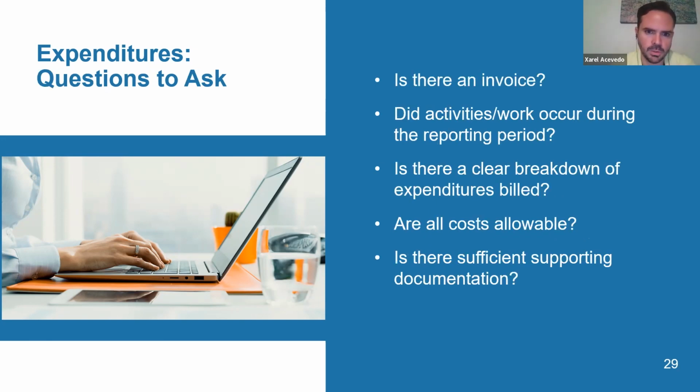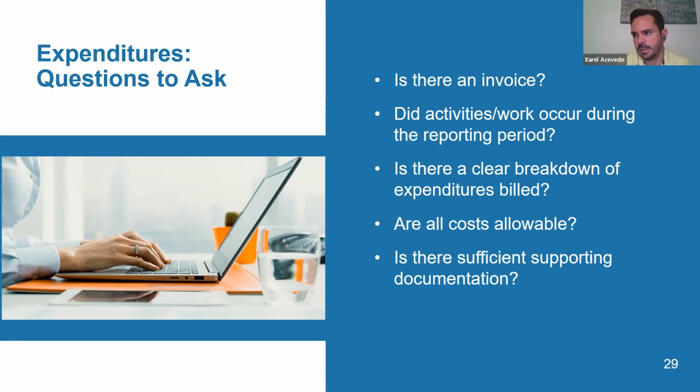Expenditures, questions to ask. Okay, is there an invoice? This is part of a good accounting practice and documentation. If they're going to buy stuff, they should get an invoice from whoever provides that service or good. Okay, did activities or work occur during the reporting period?